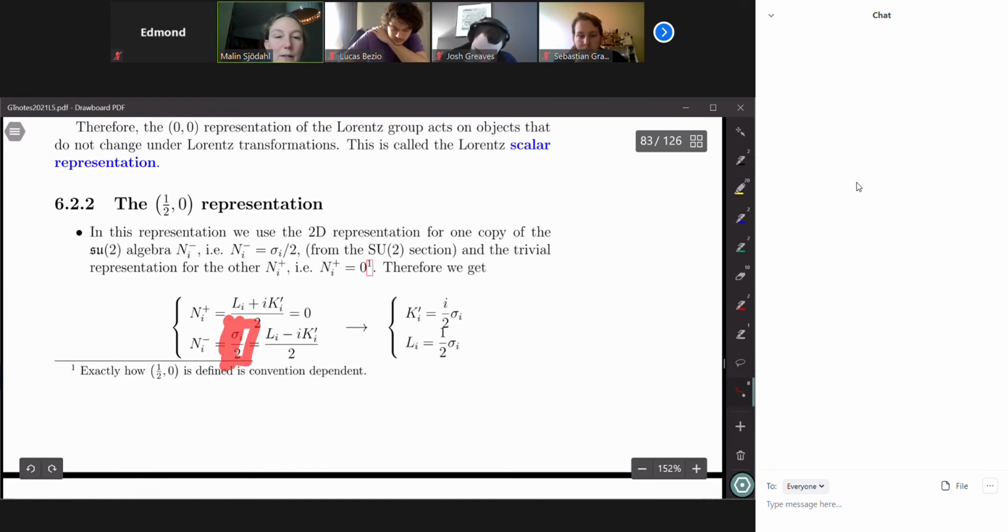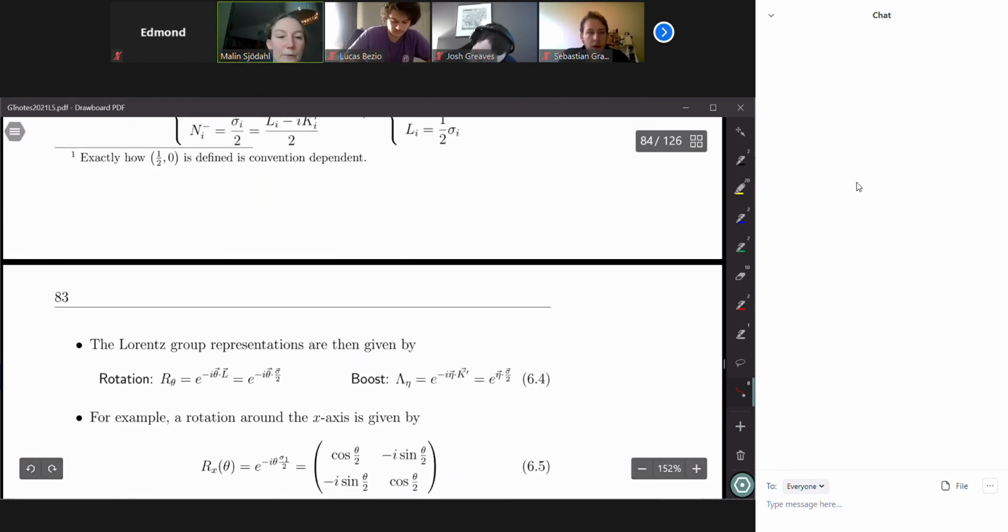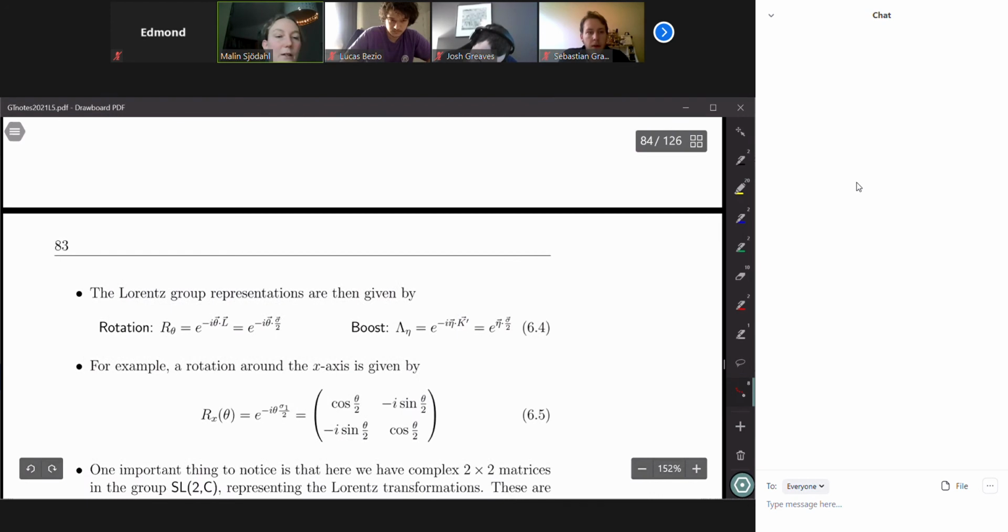Then we see that this is solved by Li being 1/2 sigma i. So we take n minus to be the ordinary spin 1/2 representation, however with complex coefficients, and we take n plus to be 0. In this way we then get all the boosts and the rotations.